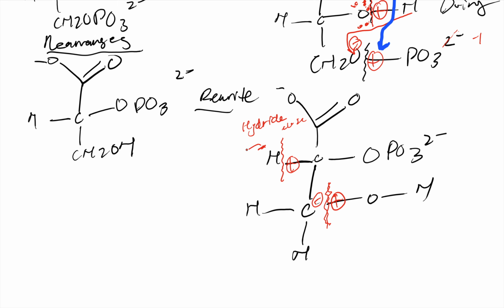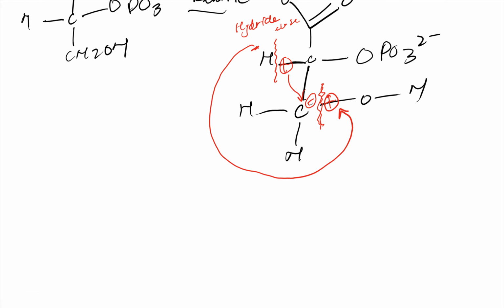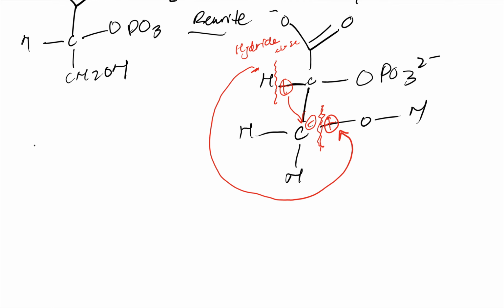So this hydride now comes and binds to the OH. Yes, and then this positive now binds to this negatively charged carbon. So what happens now is this now becomes this bond with that negative, so it makes a double bond now.